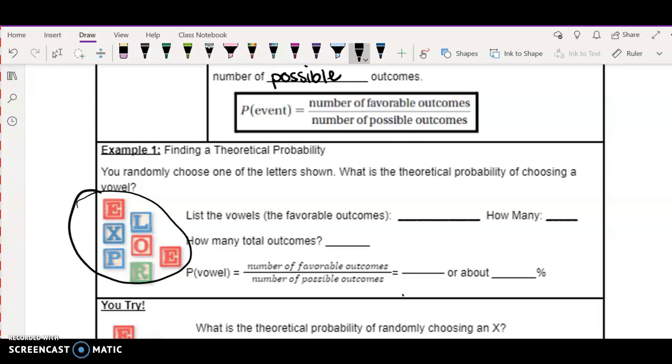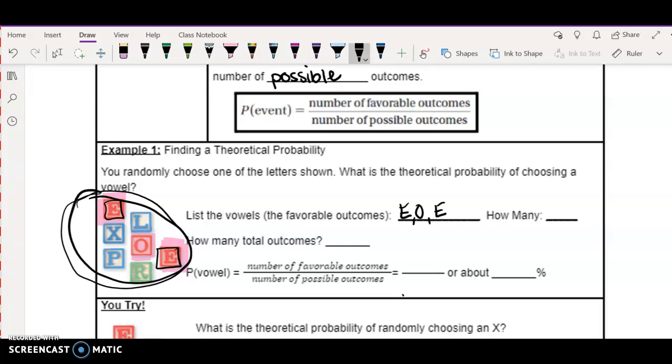So first we want to list the vowels. So we want the favorable outcomes. So over here we have our list of letters. And if we look at them, a vowel would be A, E, I, O, or U. And so we have E, O, and E. And we have to include both of the E's because there's two separate blocks with an E on it.